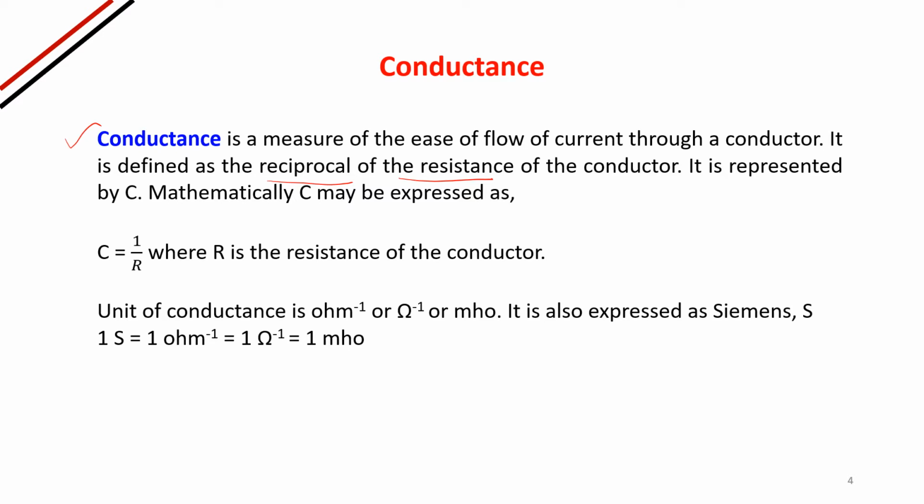It is represented by C. So what we are getting? C equals 1 by R, where R is the resistance of the conductor. Just the reverse. The unit of conductance is ohm minus 1, or this is the sign of ohm minus 1, or it is known as mho.